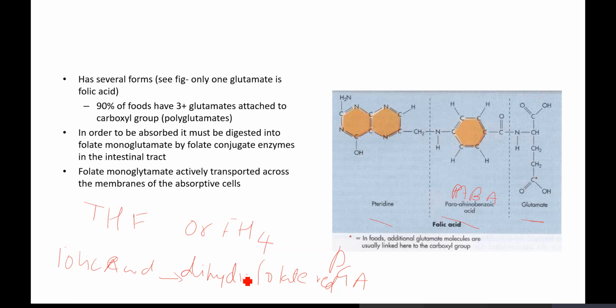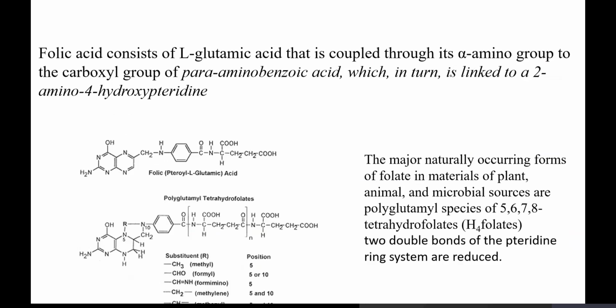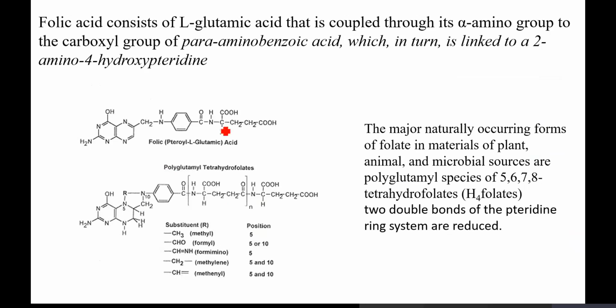The reducing equivalents are provided by 2 moles of NADPH. So basically, this is your folic acid. It is also called pteroyl L-glutamic acid, and is coupled through its amino group to the carboxyl group of para-aminobenzoic acid, which is in turn linked to a 2-amino-4-hydroxypteridine.